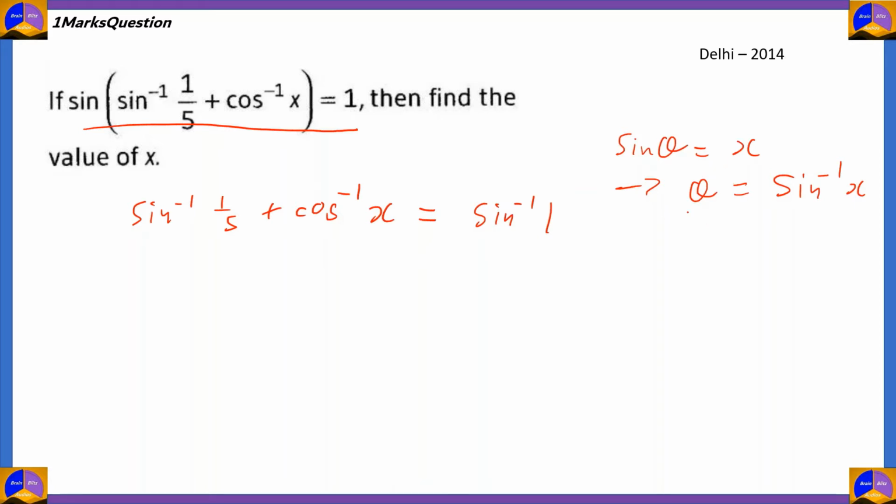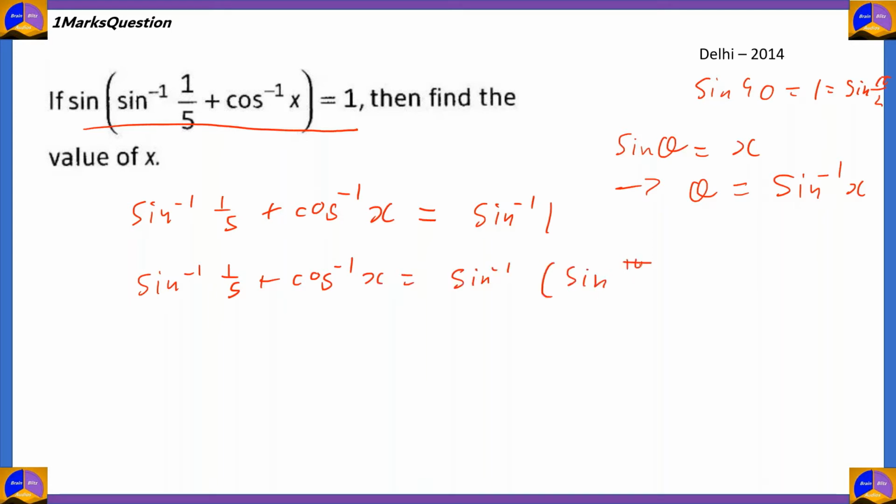And since we know that sine 90 is equal to 1, and 90 is written as pi by 2, so we can write sine inverse 1 by 5 plus cos inverse x is equal to sine inverse of sine pi by 2. So sine inverse and sine cancel each other, so we get pi by 2.